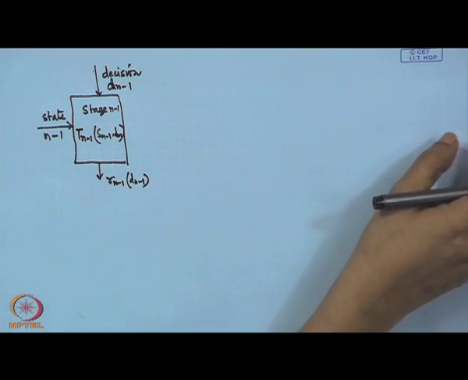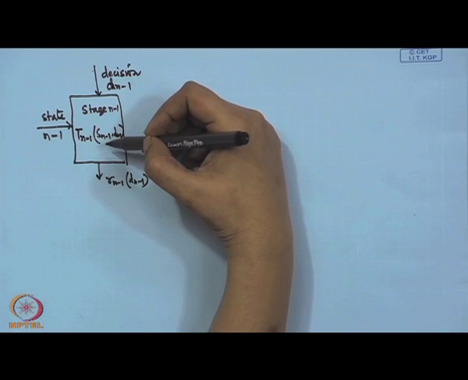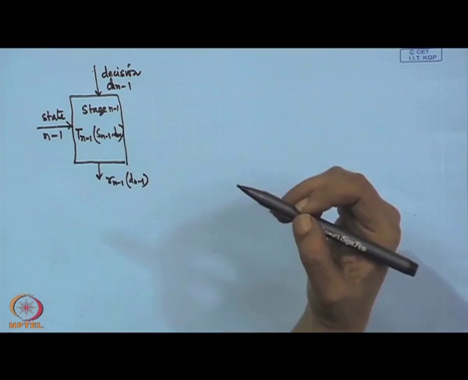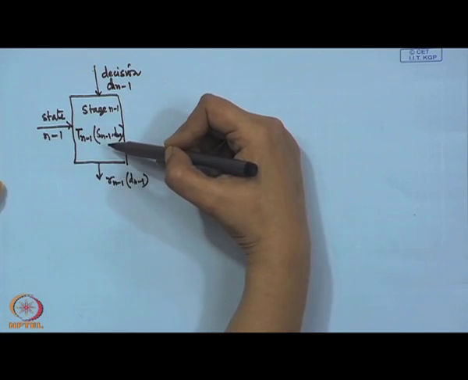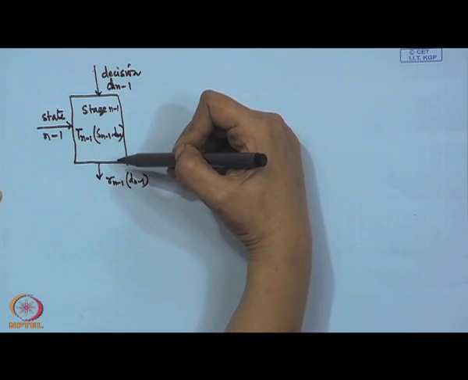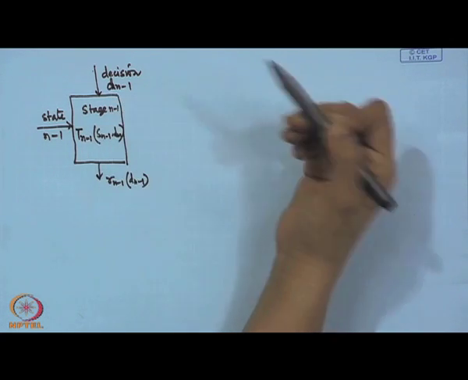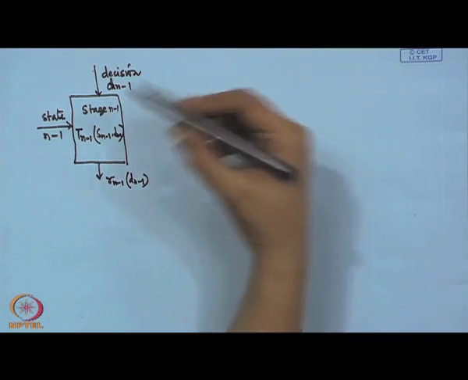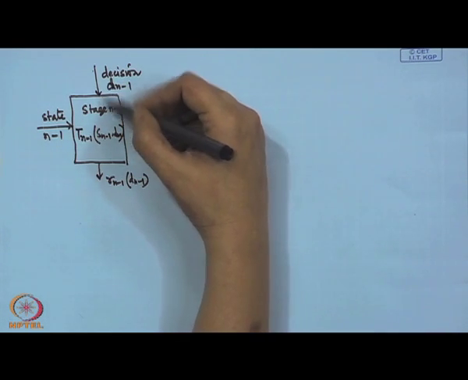Actually, this is the essential feature of the dynamic programming technique, that we are dividing the problem into different stages. For every stage there are a number of state variables, and state variables are responsible for explaining the corresponding stage completely. For every state there is a list of decisions, and we incorporate the state as well as the corresponding decision.